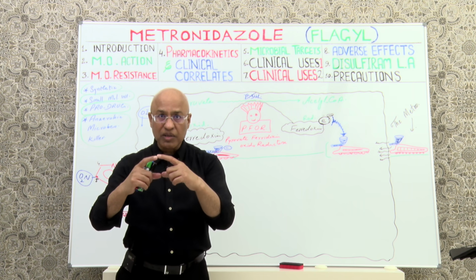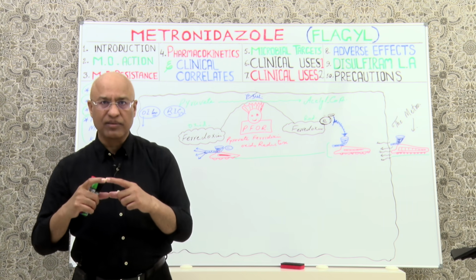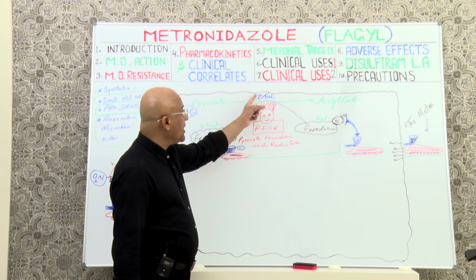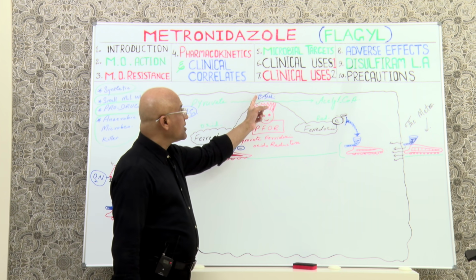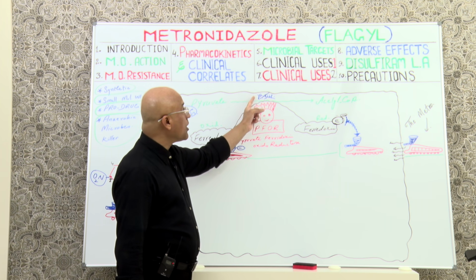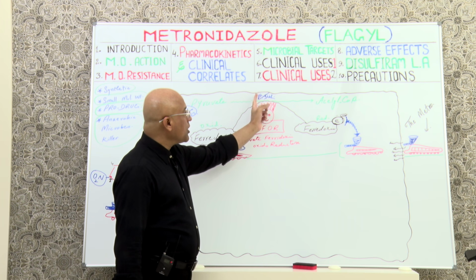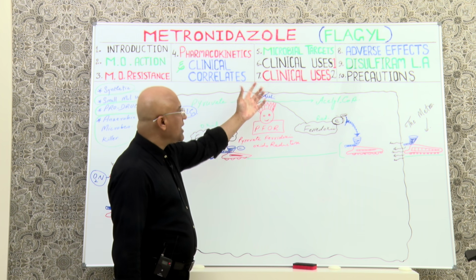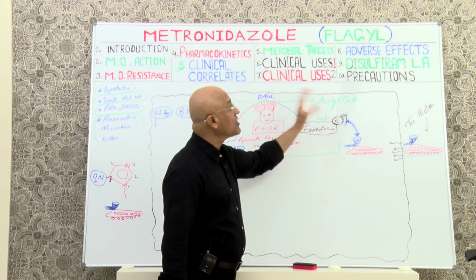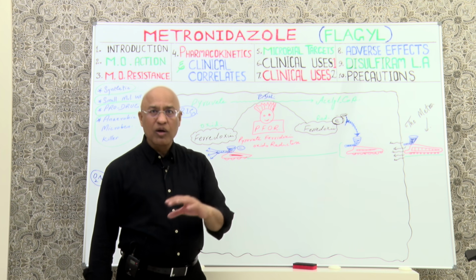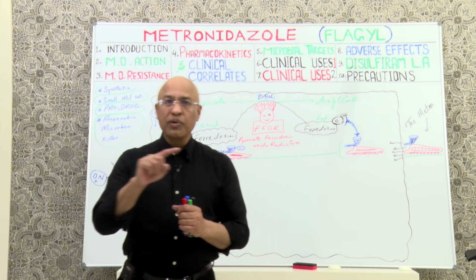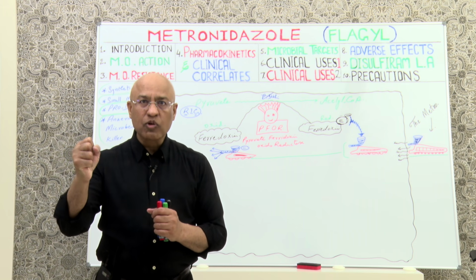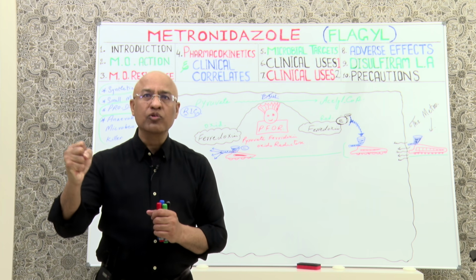Due to this pathway present in aerobic organisms, the electron transport chain holds the electrons in such a way that the nitro group cannot snatch them, and they don't give electrons to the metronidazole.